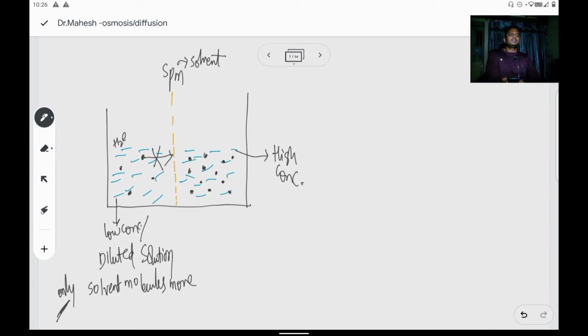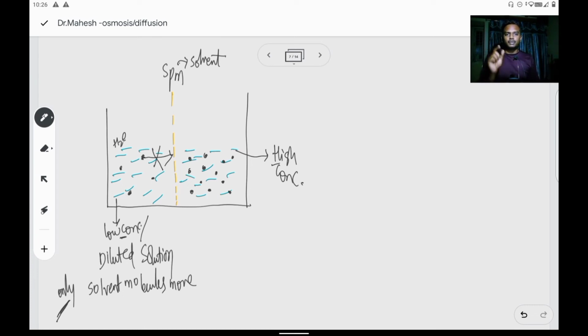So now what happens? What is the work of osmosis? It tries to attain equilibrium, because there is a concentration gradient. What is a concentration gradient? Concentration gradient means there is a difference in concentration. It is a high concentrated solution, and it is a low concentrated solution. A difference of concentrations is called a concentration gradient.